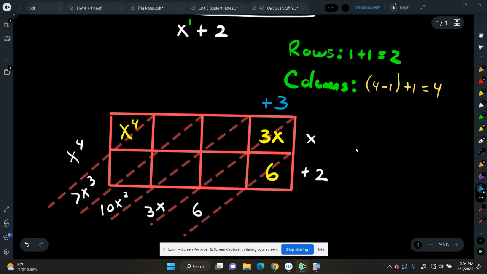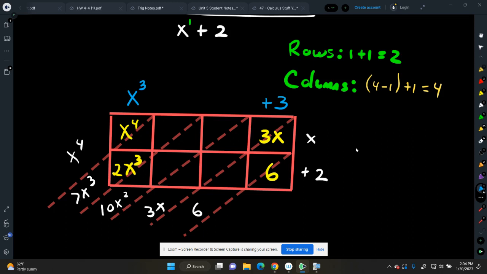Okay, so let's go over to the x to the 4th. What are we multiplying by? X to the 3rd. And that makes this a 2x to the 3rd. So now we've got all these empty spots. So now we have to do some thinking.